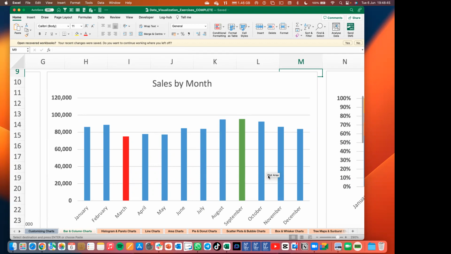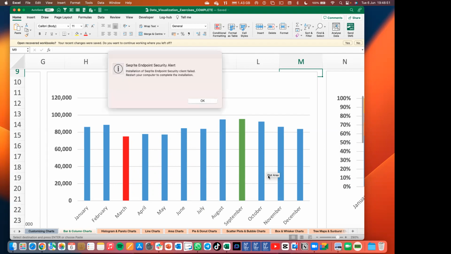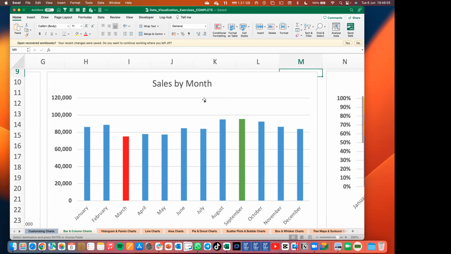Then me who is presenting, I don't have to start explaining why I made the other one red, I made this green. I will start doing my narrations. Either you have a script you are reading through explaining the chart, because everyone has already understood by colors that September and March, there's something to look at.